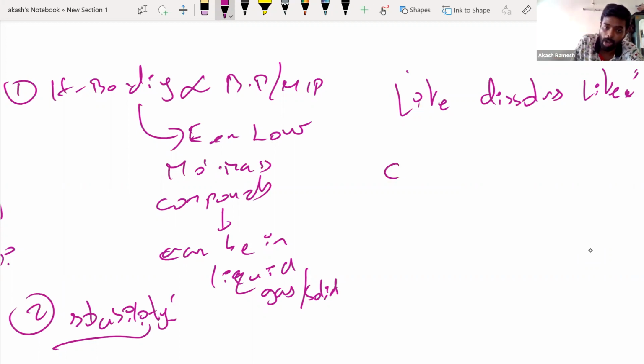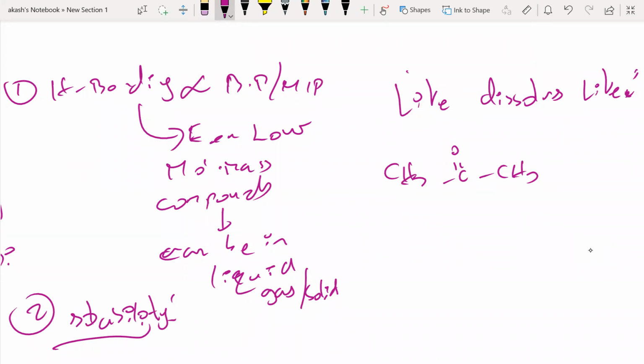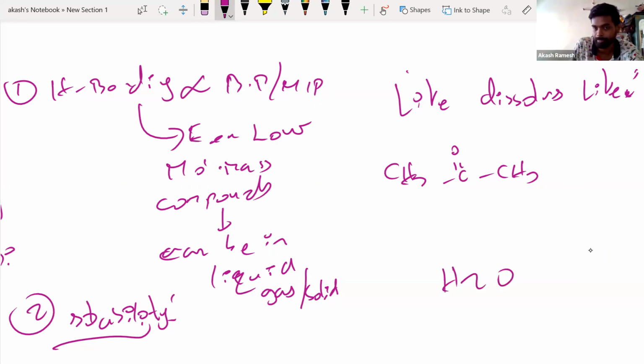But a compound like acetone is actually a little non-polar. Even though I have a C=O bond, it is not that polar. So I expect that it is not going to be that soluble in water.